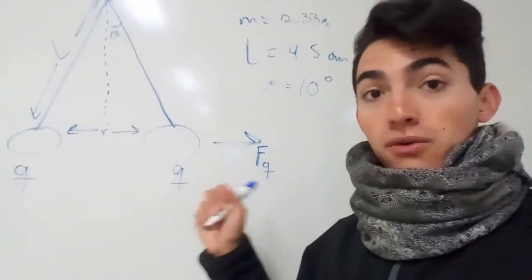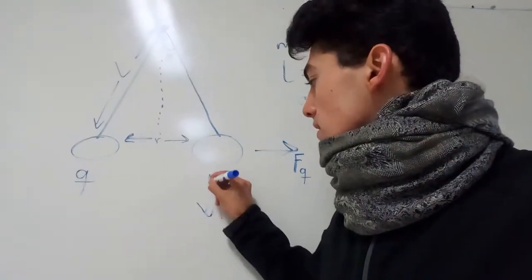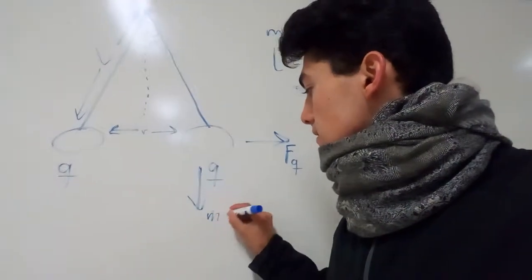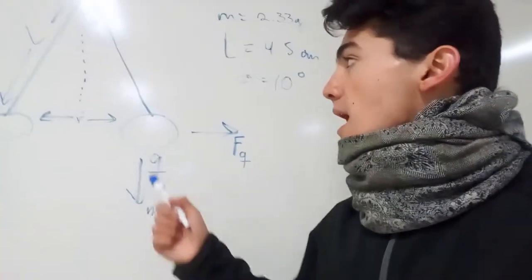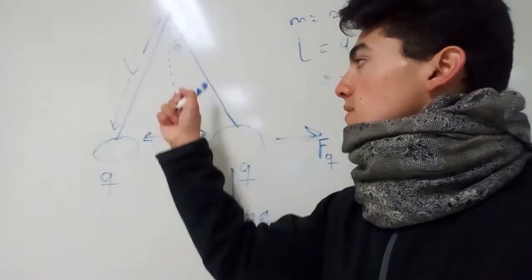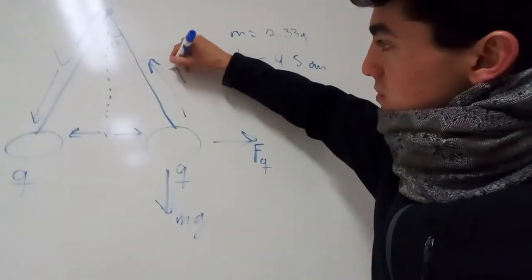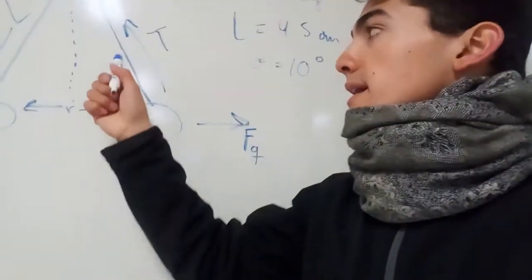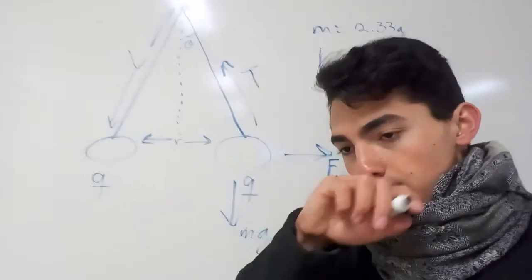But not only that, we also have the force of the mass. And we also have the force of the string, which we have as the tension. Now we know that we have these three forces.